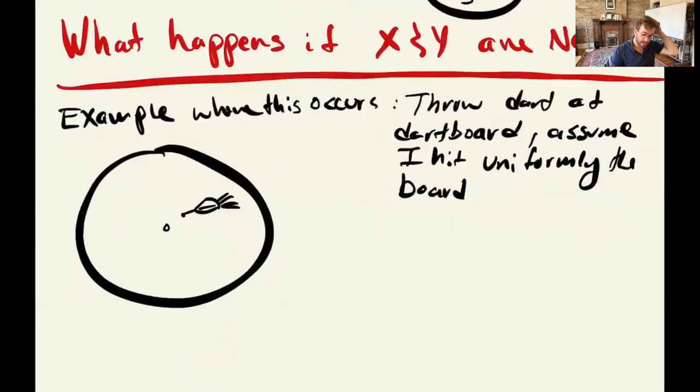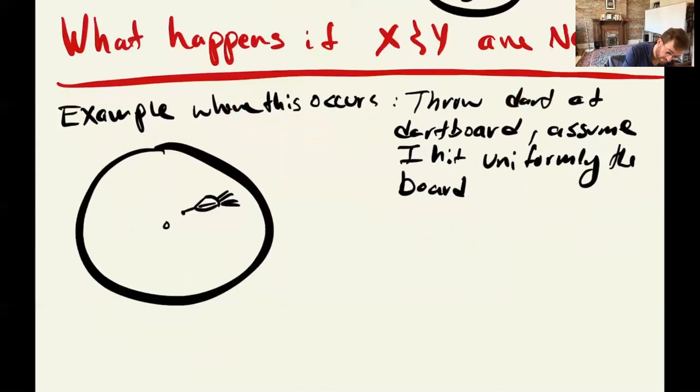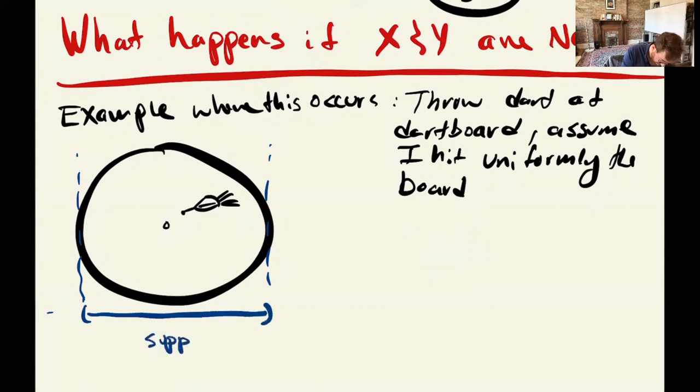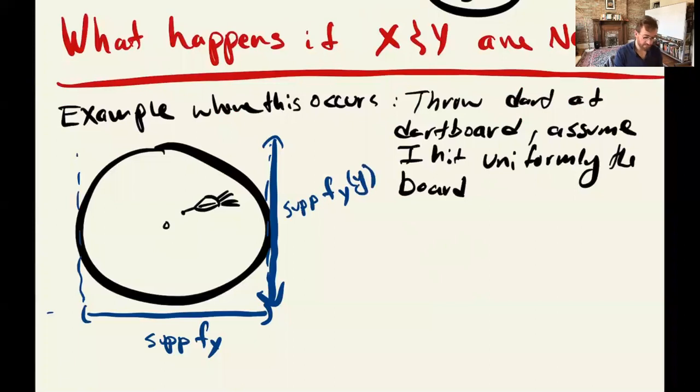Now, why is this not independent? Well, if I think about the support of possible X values, it looks something like this. And if I look at the support of possible Y values, it looks like this.